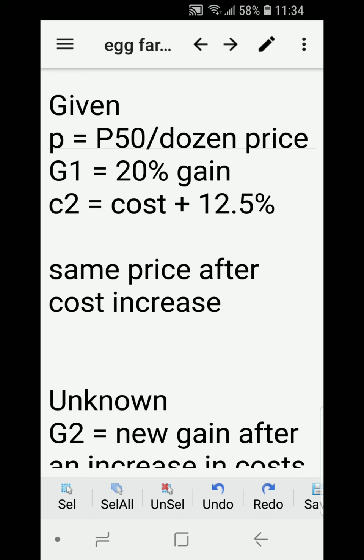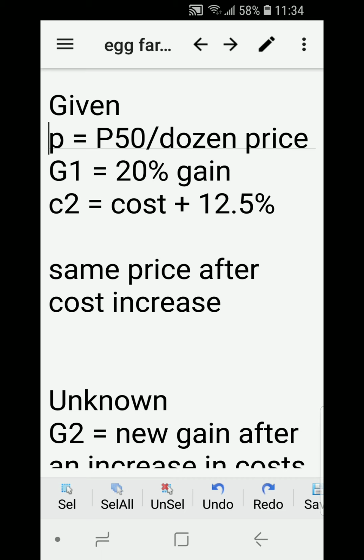and the farmer used the same price even though the cost increased, so he kept the same price.